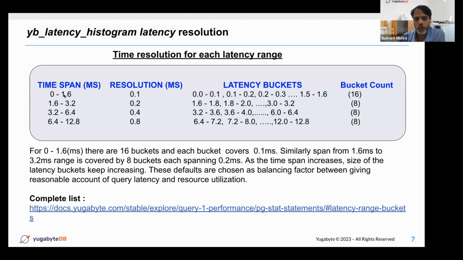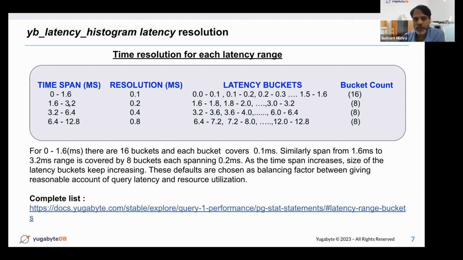The 0 to 1.6 millisecond range is covered at a resolution of 0.1 millisecond. So it will have 16 different latency spans, each covering 0.1 millisecond, as listed under the latency bucket column here.